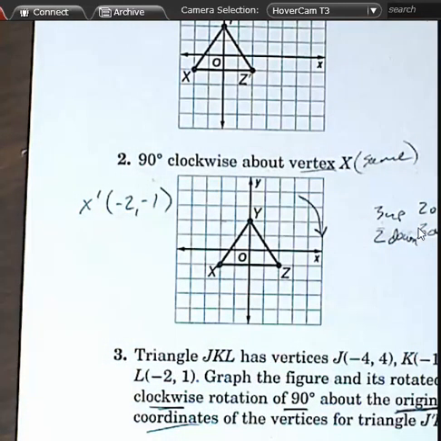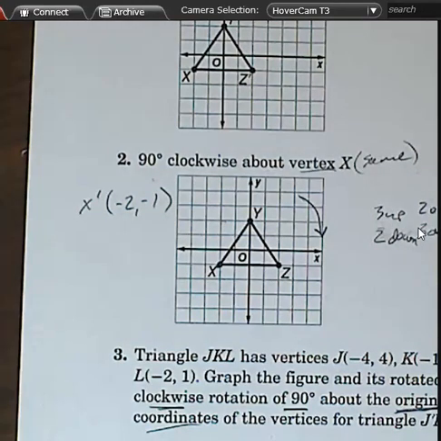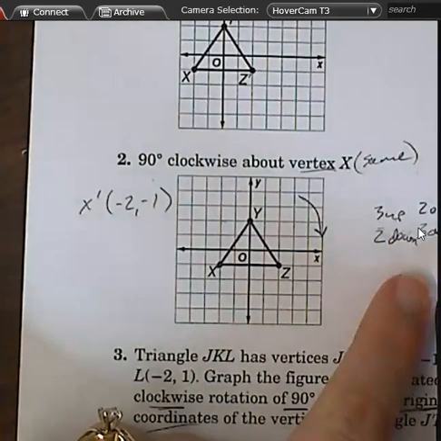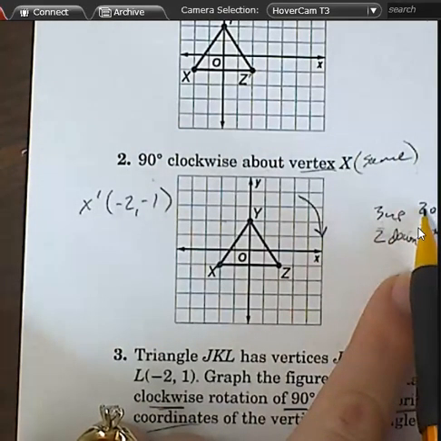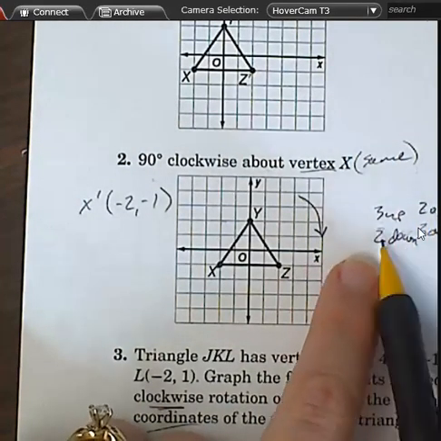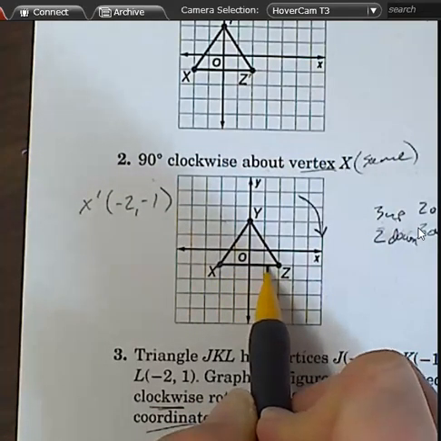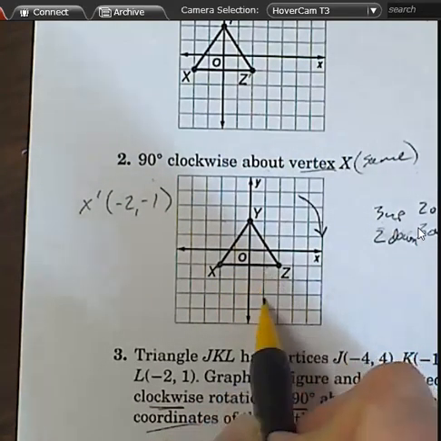So it's the same thing. They flip-flop, but now you have to think about direction too. It was 3 up, so now it has to be 3 over. It was 3 up, now it has to be 2 down. So I'm going to go 1, 2, 3, 1, 2.